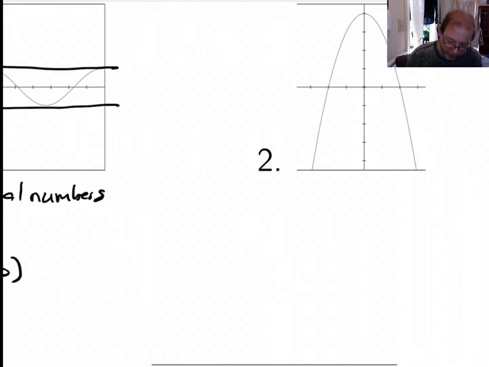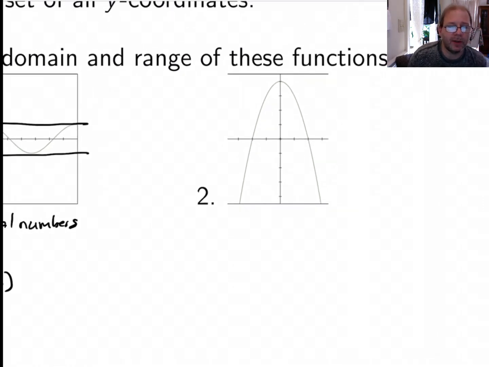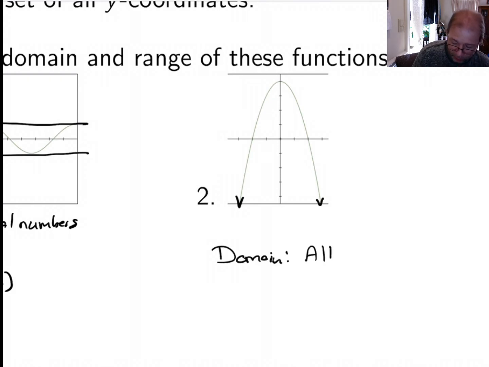All right, let's look at this over here. The second function is a parabola, and it keeps going on forever in both directions. So its domain is going to be all reals.